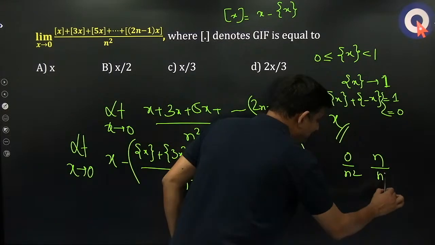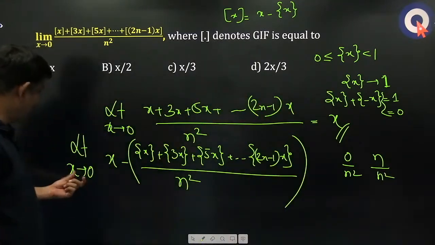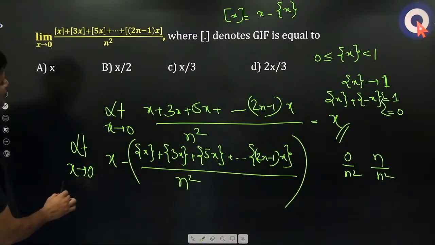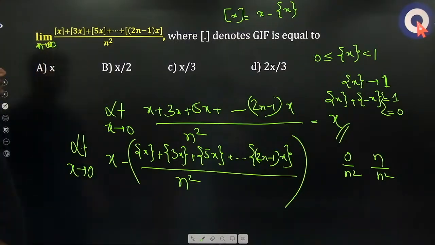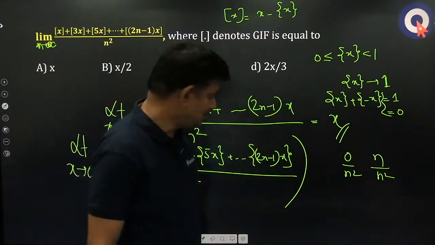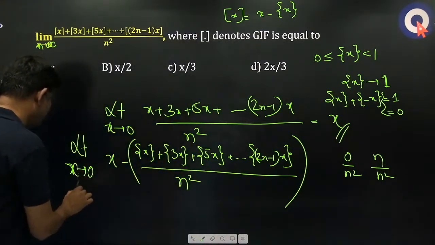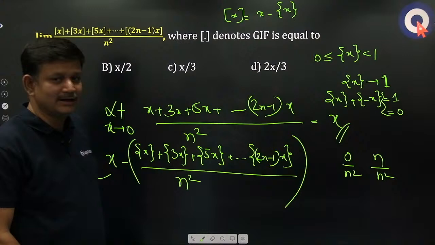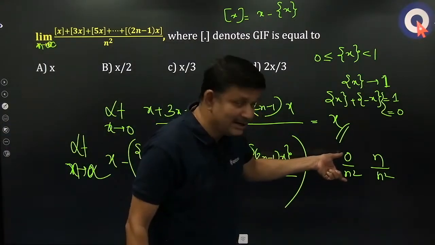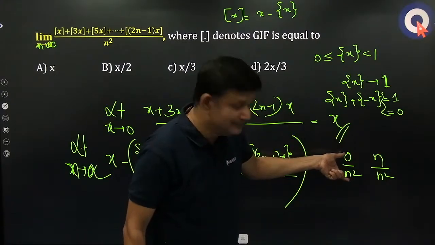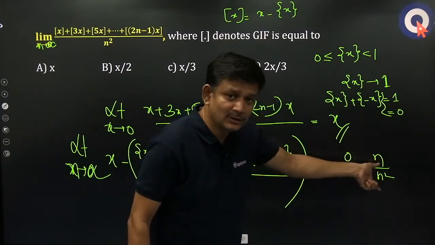Now what is our question? By n square, and the limit, sorry, this should be limit n tending to infinity. N is tending to an infinitely large number. When n is tending to an infinitely large number, ये कितना होगा? 0. ये कितना होगा? ये भी 0.